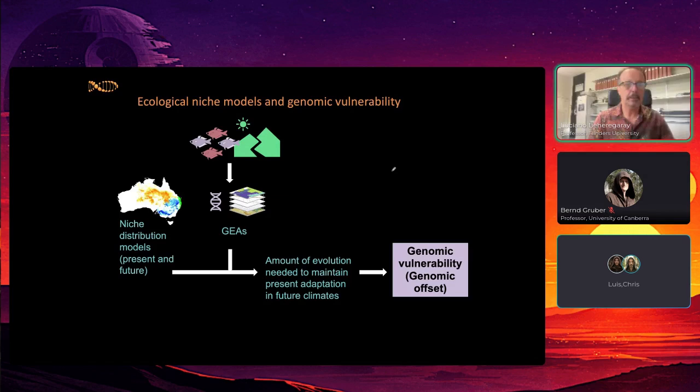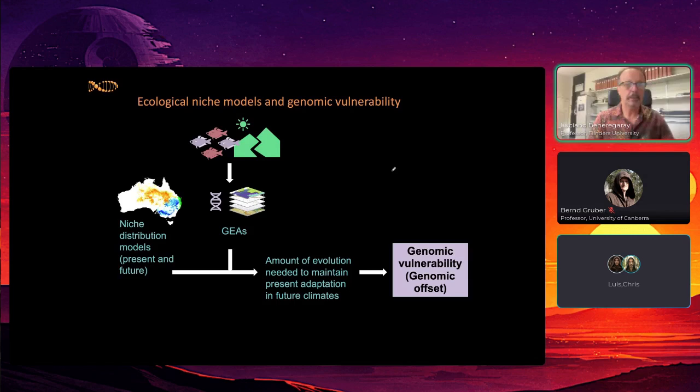What we can also do with landscape genomics is to project this understanding of current patterns of adaptation into future climates, future environmental scenarios. And that's the field of landscape genomics that is growing in popularity.